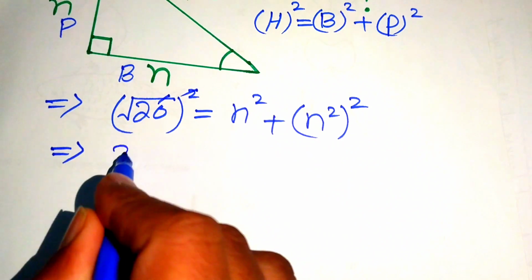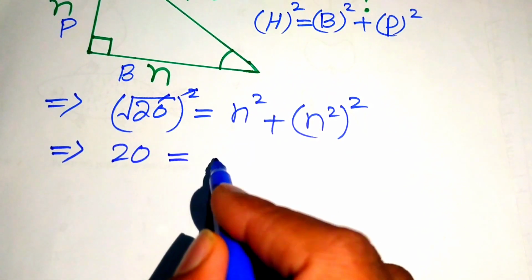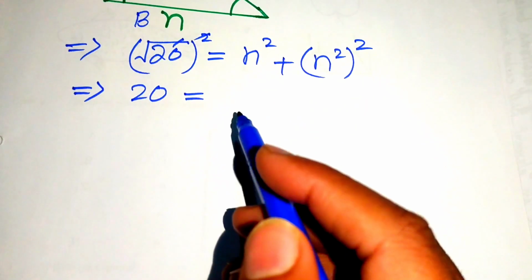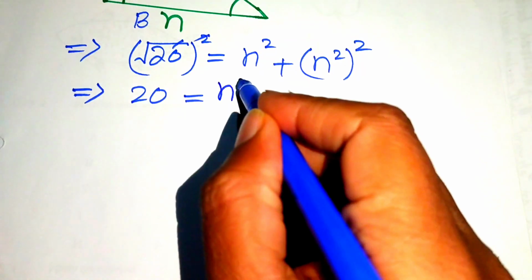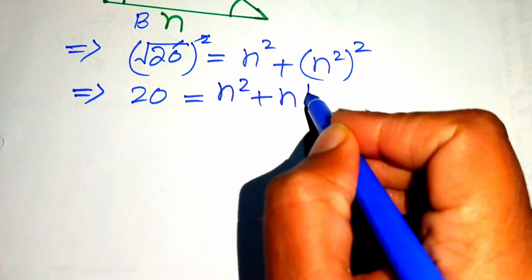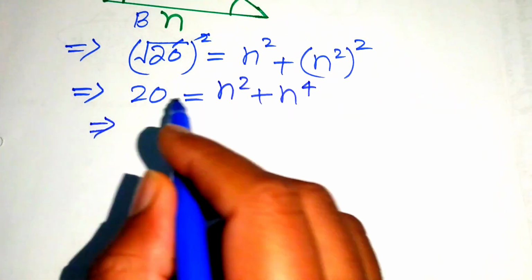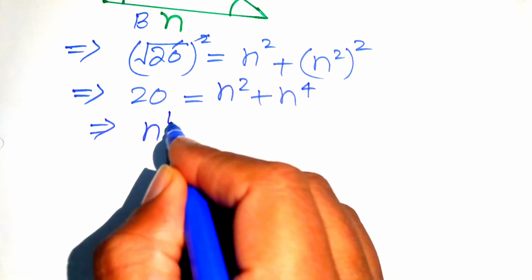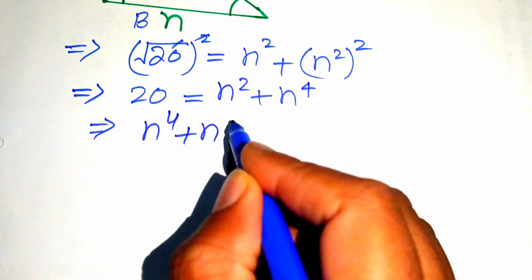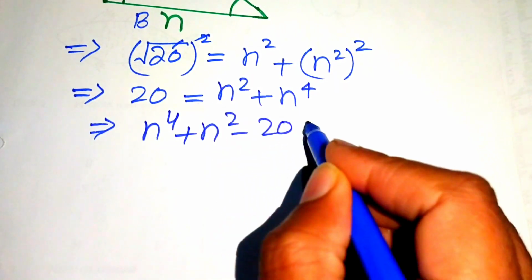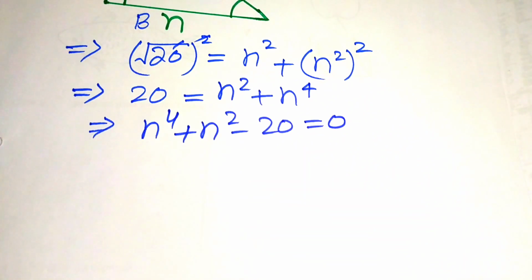And we obtain 20 equals n square plus n to the power of 4. Now we rearrange this equation and move this 20 to the right hand side, and we write it as n to the power of 4 plus n square minus 20 equals 0.